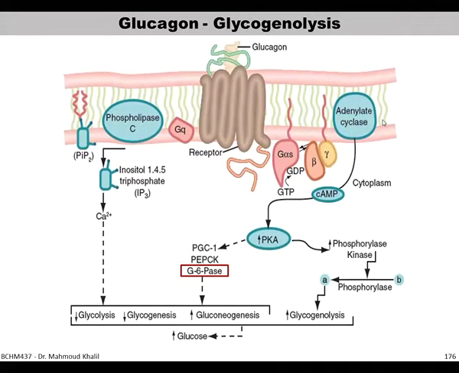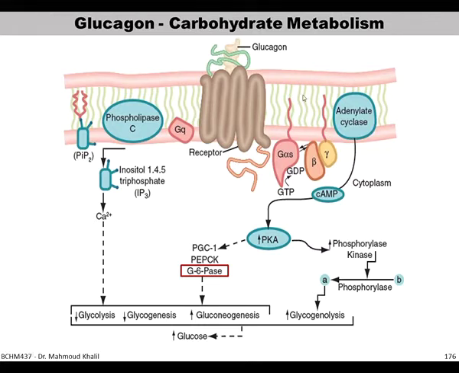So let's see the mechanism in this diagrammatic sketch. You can see here that glucagon binds to the receptor. Once glucagon is bound to the receptor, it will activate the G protein.